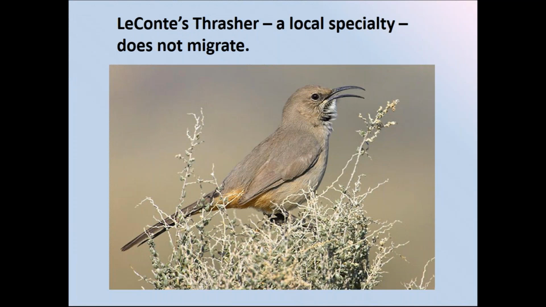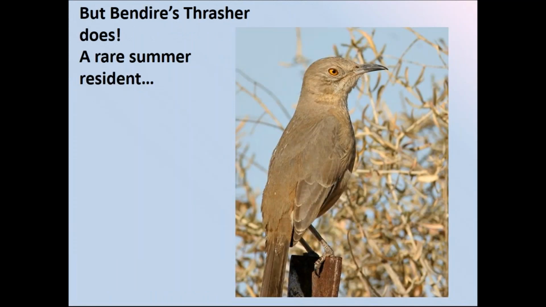Now, among the thrashers, we've got a few species that occur in the park, and some migrate and some don't. It turns out the Le Conte's thrasher, which you might see around Cottonwood, is a permanent resident. Whereas the Bendire's thrasher, which is seen on the other end of the park near the west entrance, is a migrant.